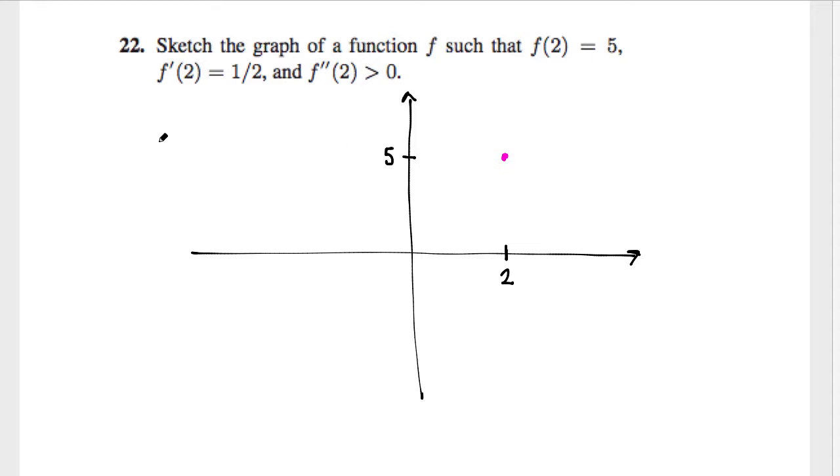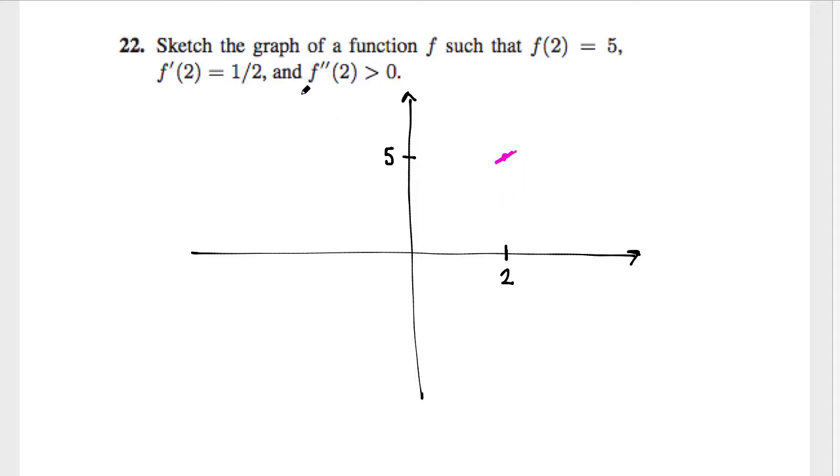At x equals 2, our first derivative is 1/2. So at this point we have a slope that is positive, although it's not very steep. So we can sketch a little bit of a tangent line right through this point.